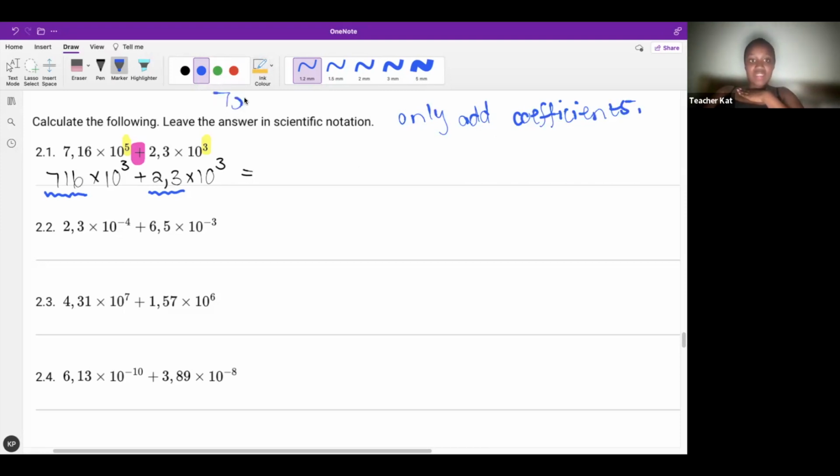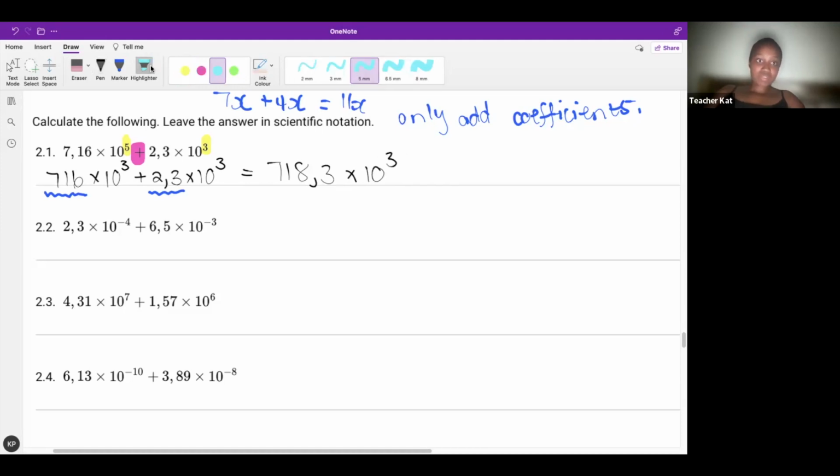It's like having 7x plus 4x. We don't say it's 11x squared. We just say it's 11x. So then it'll be, thank you, Marlene, 718,3 times 10 to the power of 3.